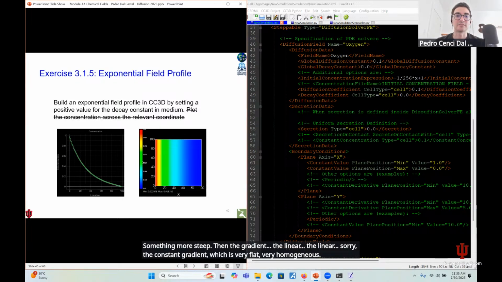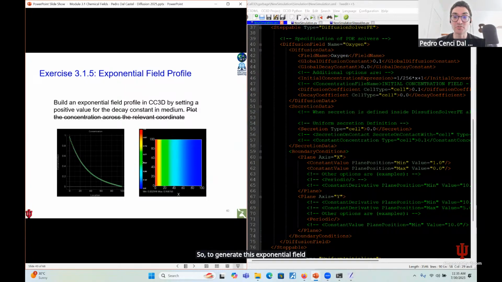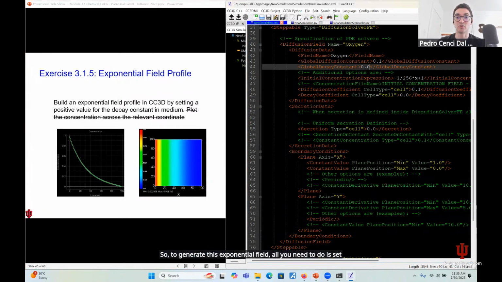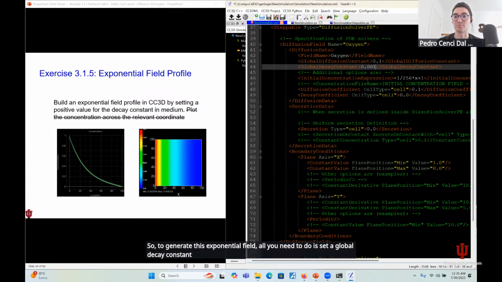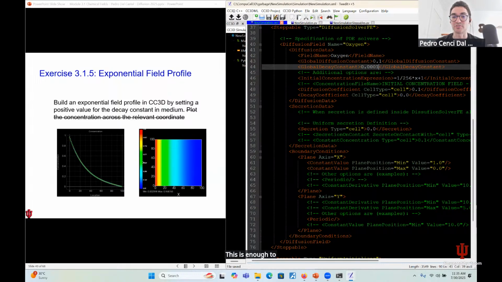So to generate this exponential field, all you need to do is set a global decay constant, something like 0.001. This is enough to generate this exponential field.